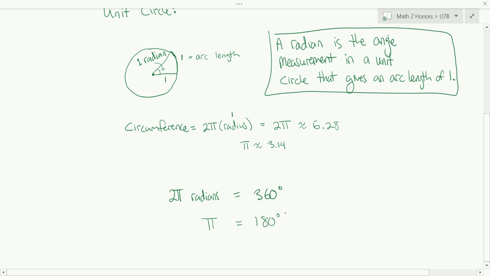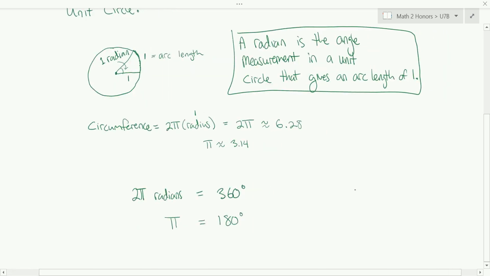Now, because we have two measurements for angles, we're going to have to be able to distinguish between the two, so I just want to point this out. If I say theta is 30, would that mean 30 degrees or 30 radians? Okay, by default it's radians.